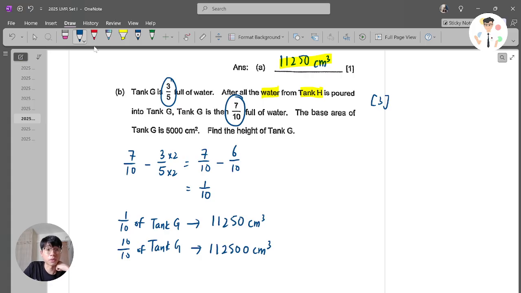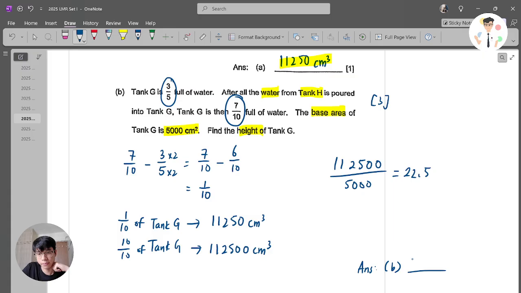And now the question told us that the base area is 5,000. Now I need to find the height. This is the volume. This is the base area. So I just need to do what? Divide. So 112,500, I divide by 5,000. This will give me the height, which is 22.5. And the answer will be in cm.